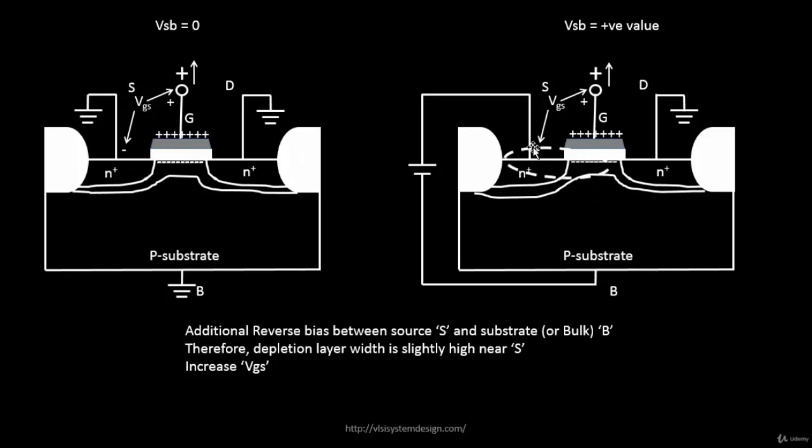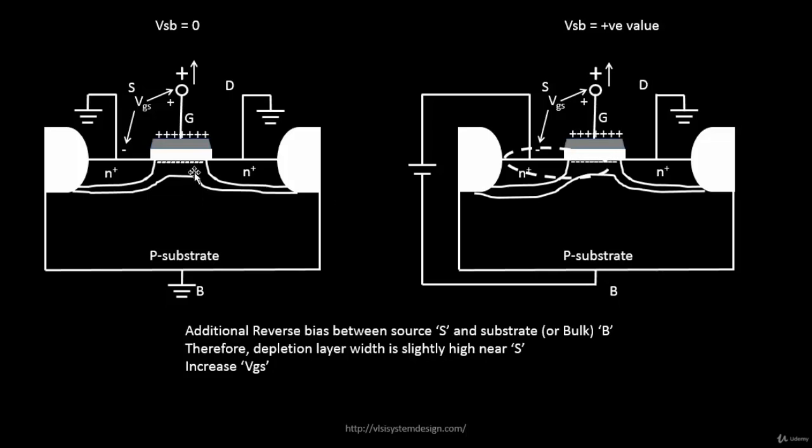But what happens in this area: due to this particular terminal being connected to the positive potential, it attracts most of the negatively charged particles which are present over here. It attracts them over here, and there is a small amount of VSB current. We'll talk about the currents in a separate section. Once this terminal is connected to the positive potential of the battery, it attracts the negatively charged particles which are getting accumulated over here.